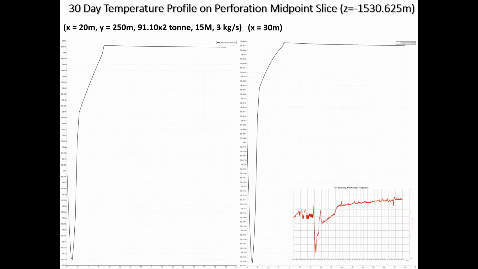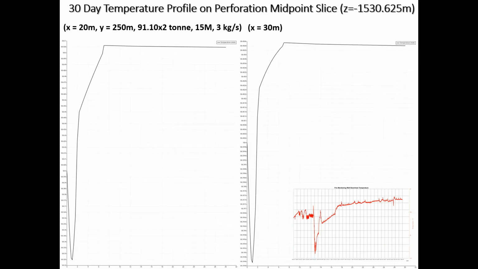Here is a slice. Here is a plot of temperature at the observation well. If you pick a point at the observation well and you plot temperature versus time at that point, this is what the simulation showed, and this is the real data, right?